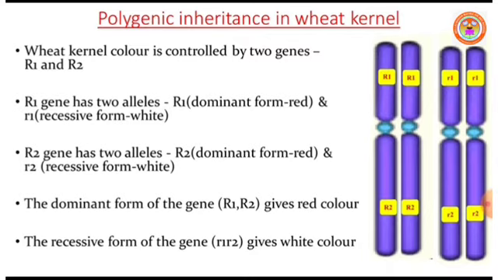The dominant form of the gene for the red color of the kernel is capital R1, capital R2, with alleles capital R1 capital R1, capital R2 capital R2. The recessive form is small r1, small r2, with alleles small r1 small r1, small r2 small r2. You may understand now by seeing this picture.